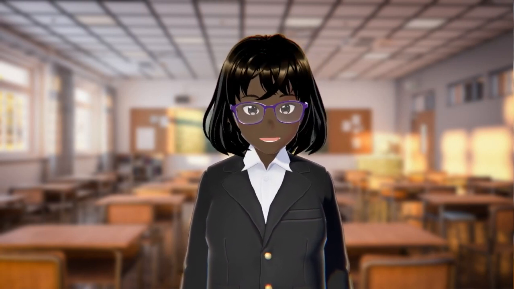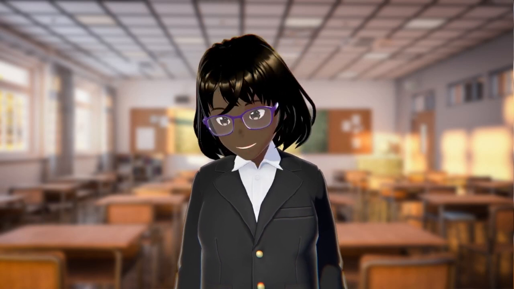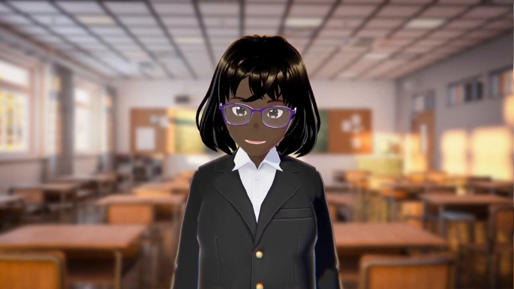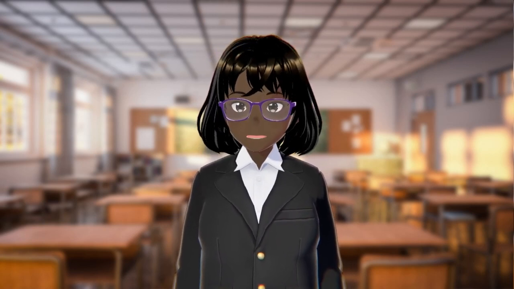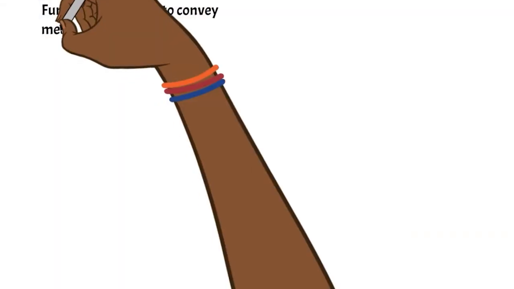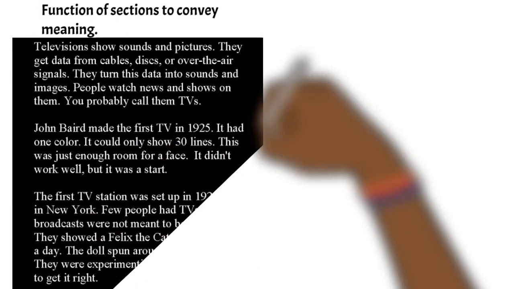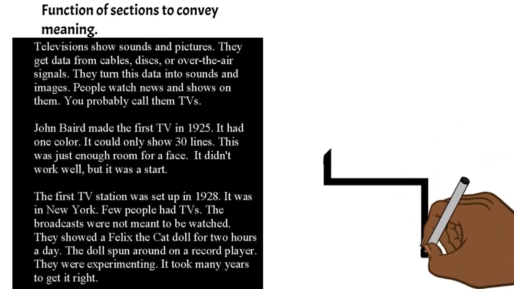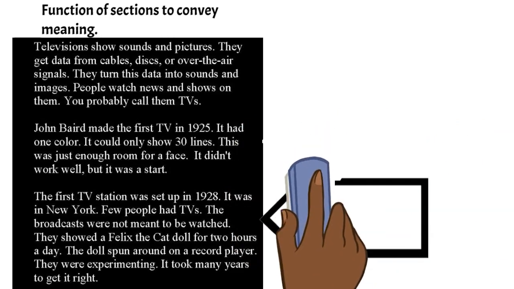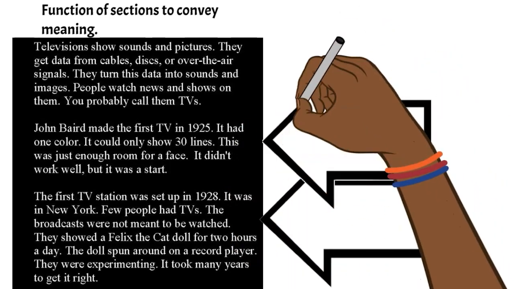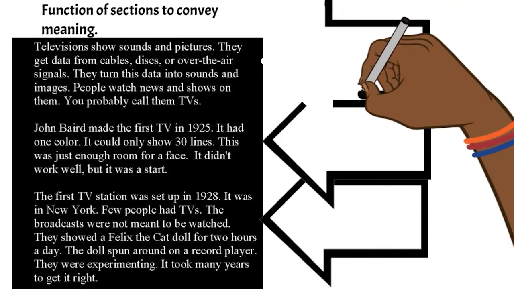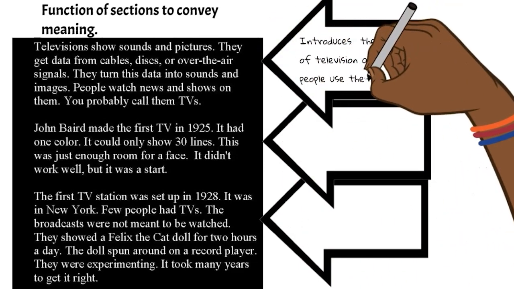And so let's go back to the article on televisions. We said that the article is divided into parts or text sections. Those parts are paragraphs. Now let's look at the first paragraph. We see how those sentences are defining what televisions do. So television shows sounds and pictures.